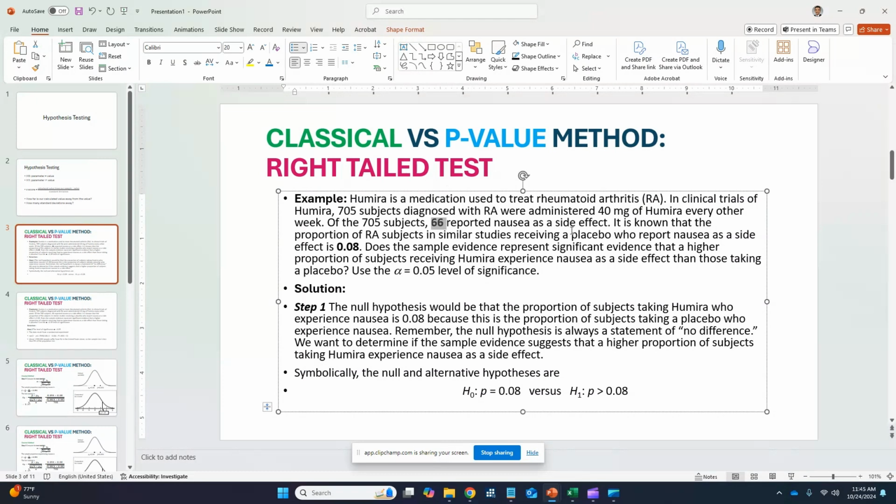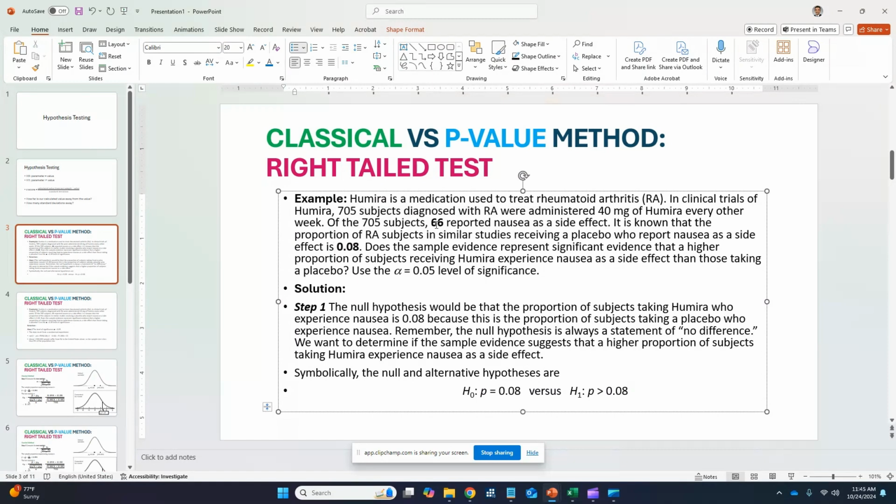Now, the interesting thing is, people who didn't receive Humira but received a placebo also reported nausea as a side effect. But the proportion of people who reported nausea from the placebo group was 0.08, or 8% of people in the placebo group mentioned that they had nausea.